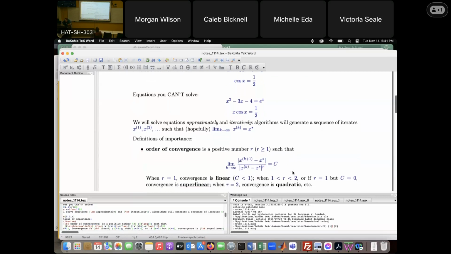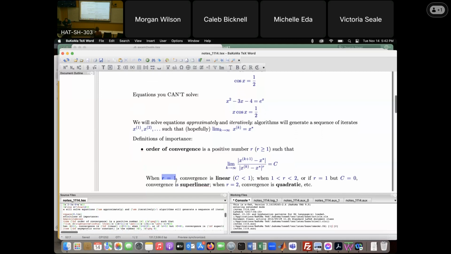Now, certain values will come up in methods that we'll look at, like r equals 1, so convergence is linear in that case. That means each error after k plus 1 iterations is approximately some fixed constant times the previous error. So in that case, the constant c needs to be less than 1.